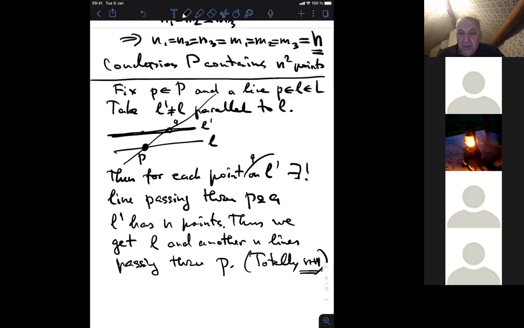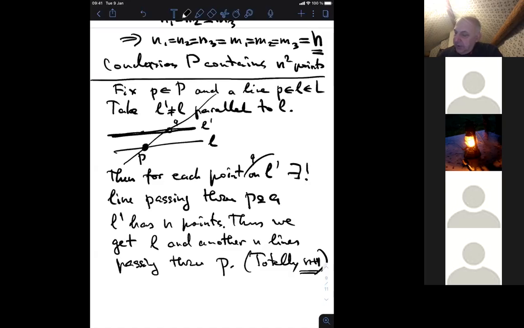Okay, now we should finally prove the last part. So we have settled so far that every line has n points, every point is contained in n plus 1 lines, and the total number of points is n squared. The last thing to say is why the total number of lines is n squared plus n.